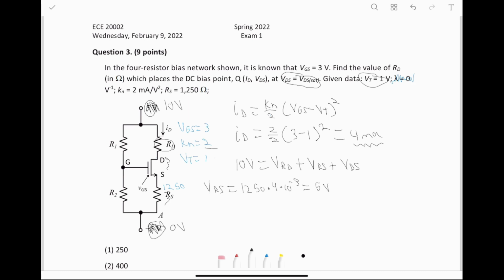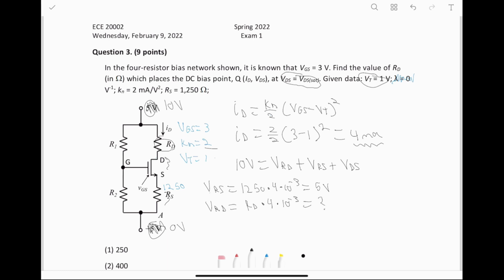So the voltage drop across resistor RS is 5 volts. We can do a similar thing with VRD, even though we haven't fully solved for it yet. We can say that whatever that voltage drop is, it's going to be equal to RD times 4 milliamps, right? And that's just equal to something. We're not quite sure yet.